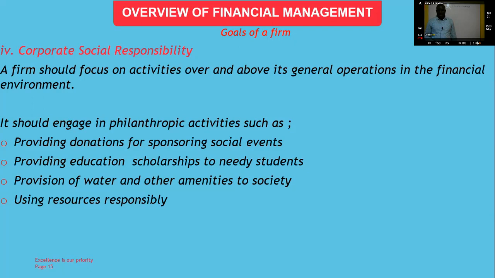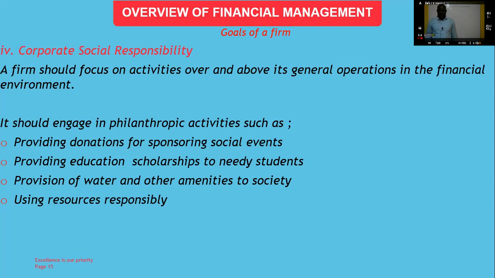However, some scholars would dispute the corporate social responsibility goal by saying that the firm's existence is not to provide such things to society, when it is the government's responsibility, for example, to provide education and social amenities like water and others.